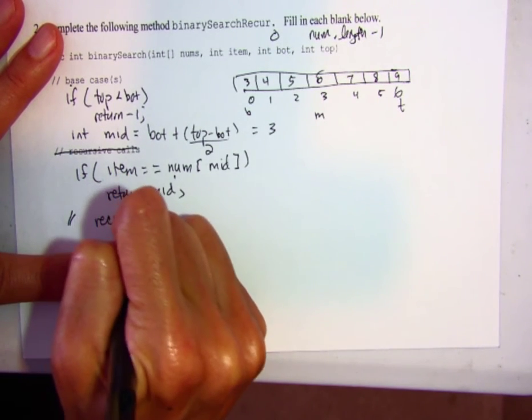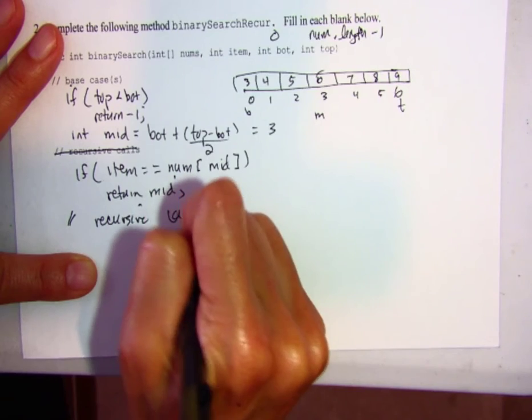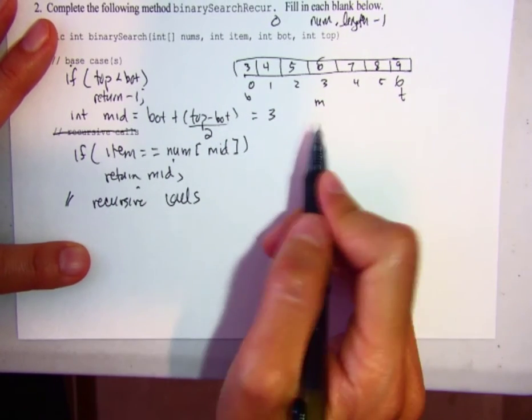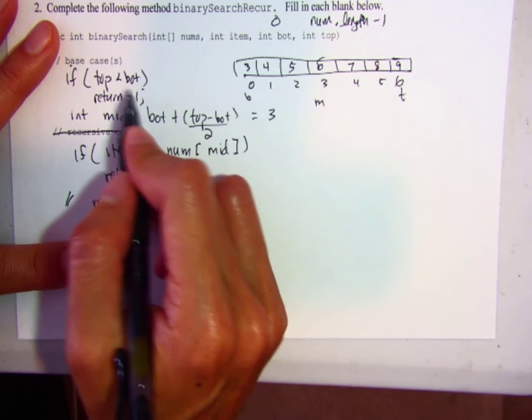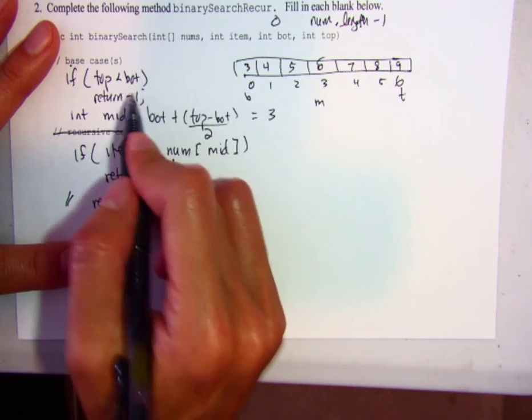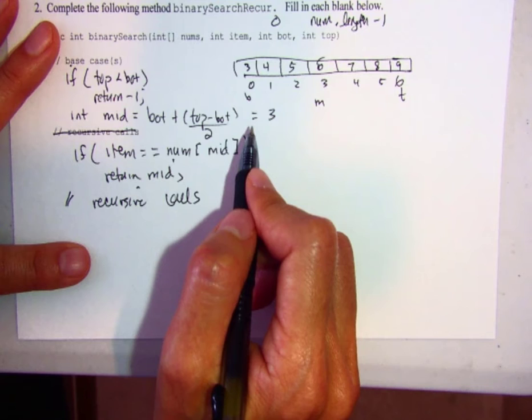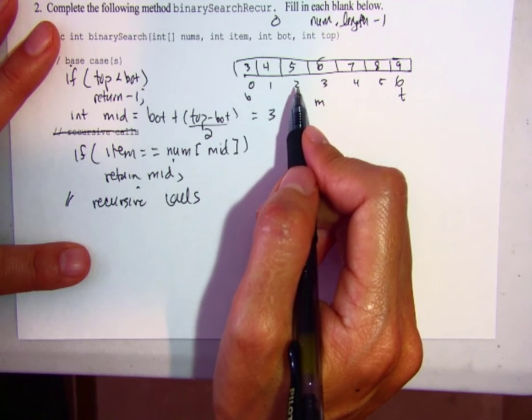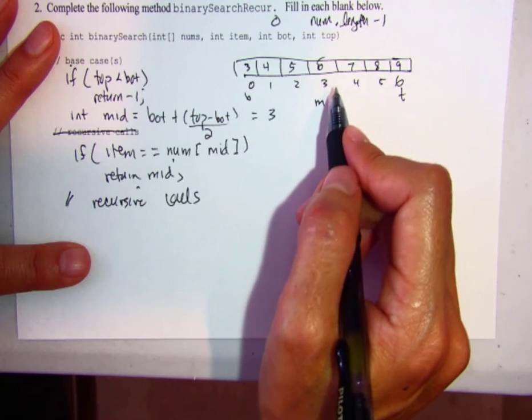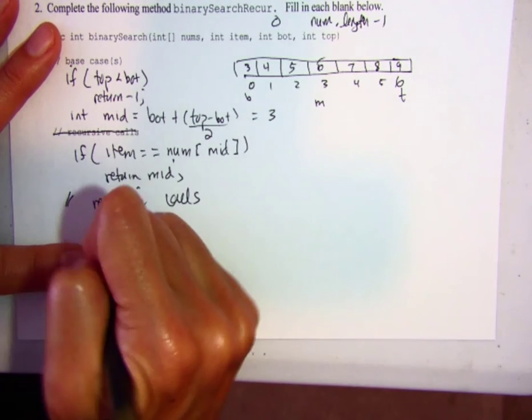So these are the recursive calls down here. We have the case where the item is not there anymore, or it's the midpoint. Now, what about if our value at the midpoint is less than the target number? Let's compare that.